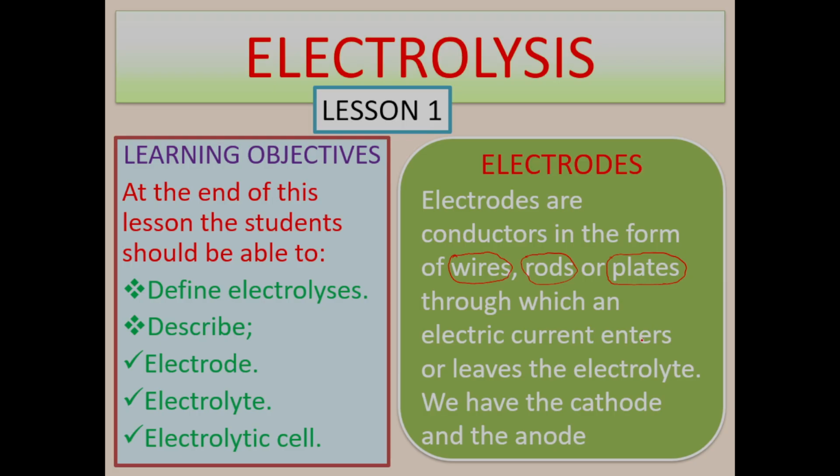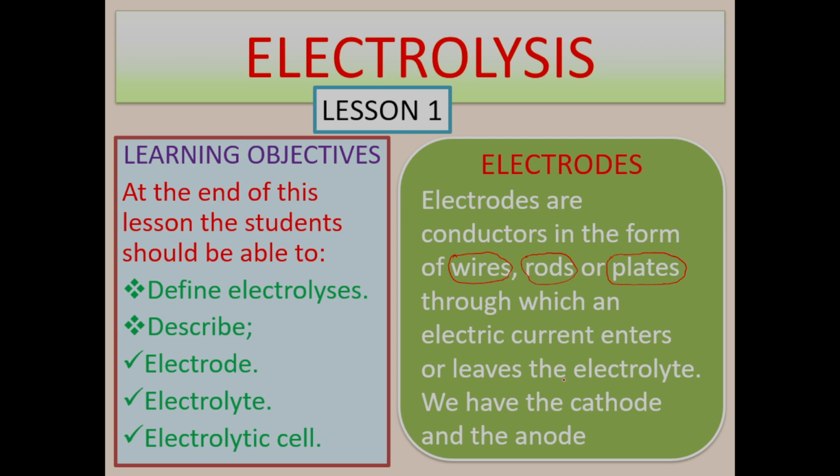That is the function of an electrode. So, in simple terms, electrodes are conductors in the form of wire, rods, or plate through which an electric current enters or leaves the electrolyte.